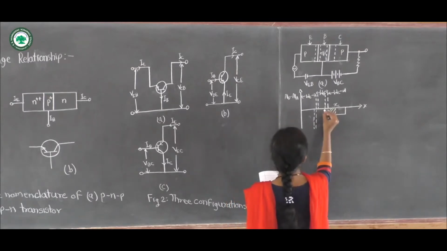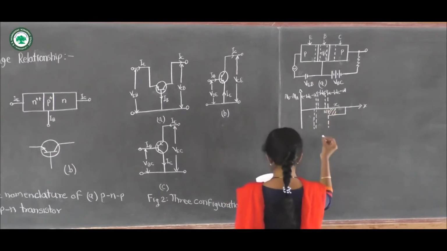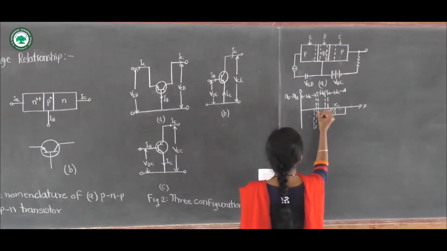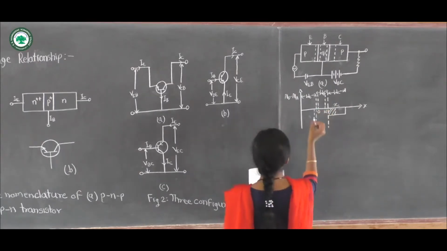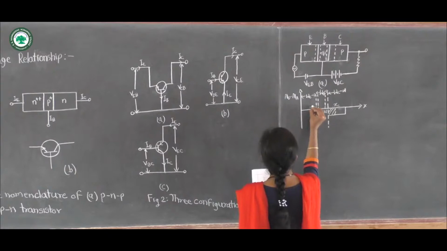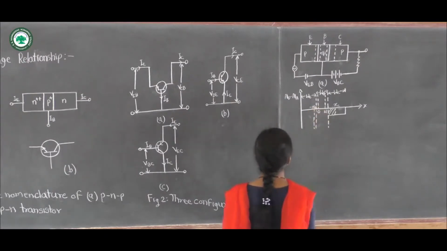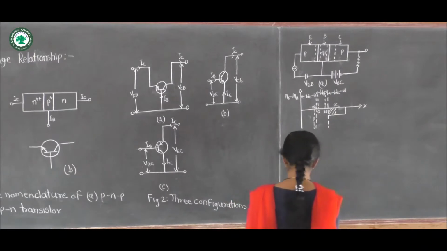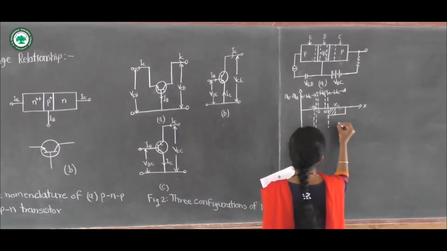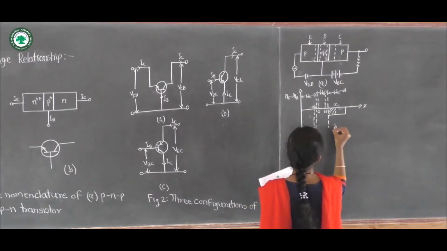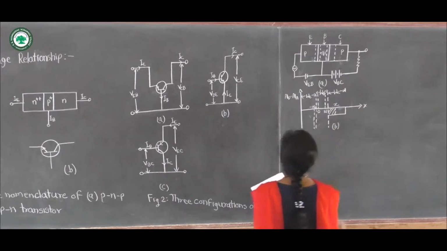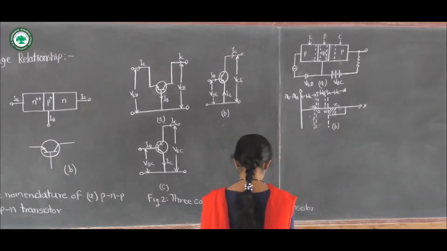This boundary is W, this boundary is denoted as 0, and this boundary is denoted as minus XE. So this is figure B, which shows the doping profile of the PNP transistor.